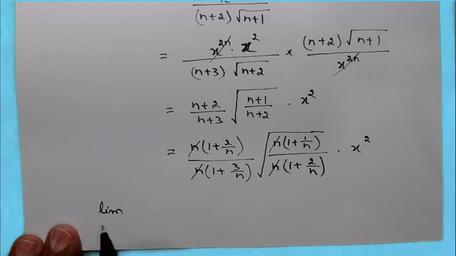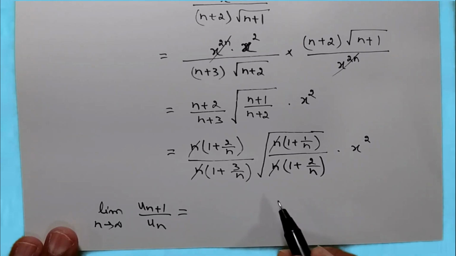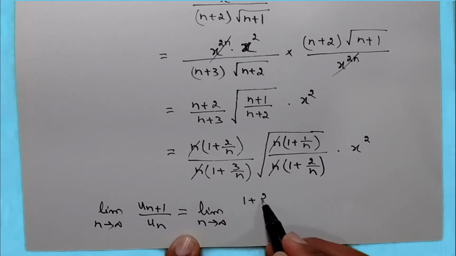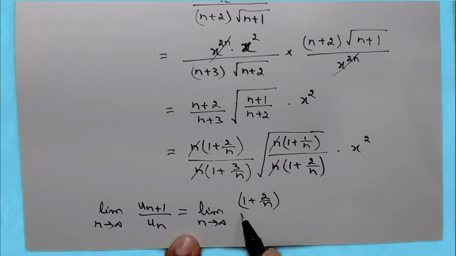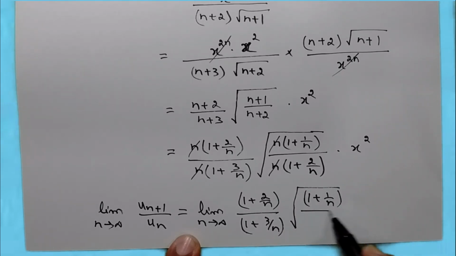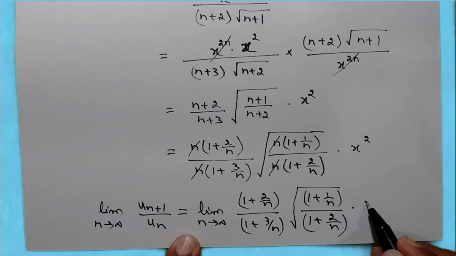So limit as n tends to infinity, u(n+1) by u(n) will be equal to limit as n tends to infinity, 1 plus 2 by n divided by 1 plus 3 by n, under root 1 plus 1 by n divided by 1 plus 2 by n, into x square.